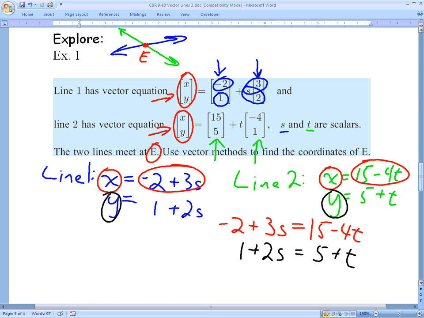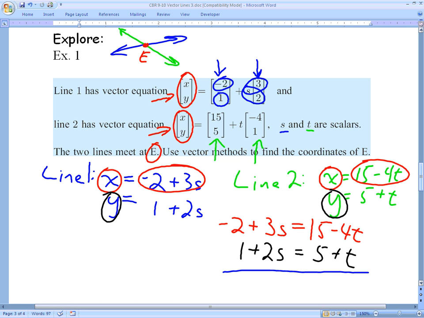We have lots of good ways we can solve this. Elimination is always a favorite. We can do substitution. For example, the t over here on the end is almost by itself if I got rid of the 5, and then I could substitute with that. But I am partial to elimination, so I'm going to use that method. And I need something to cancel out either the s's or the t's.